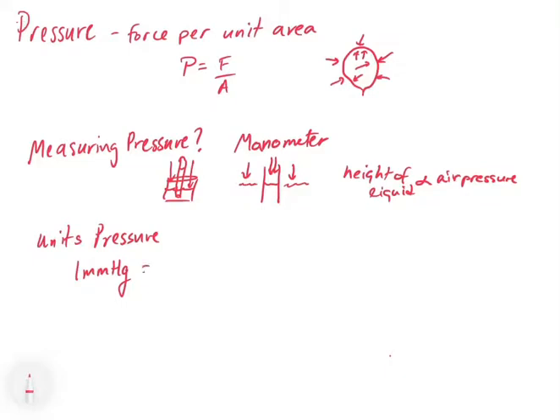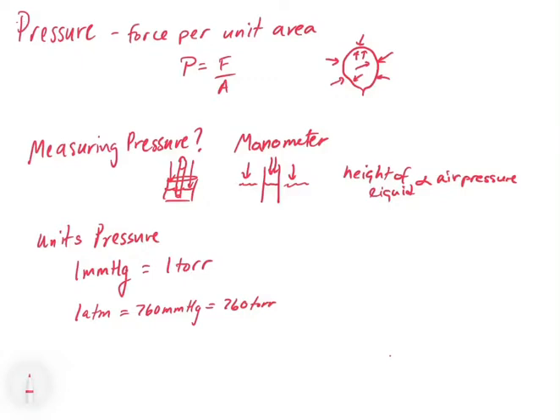It turns out that the millimeter of mercury is equivalent to a torr. So one millimeter of mercury is equivalent to 1 torr. And there's another unit called an atmosphere. So 1 atmosphere is equivalent to 760 millimeters of mercury. And it's also equivalent to 760 torr, because remember, for every 1 torr, there's 1 millimeter of mercury.